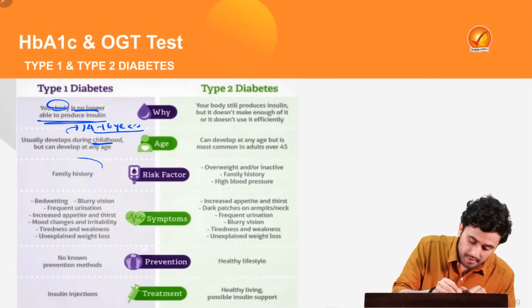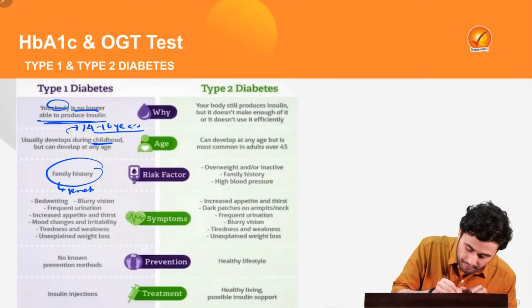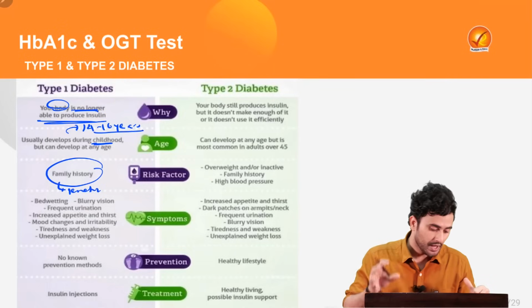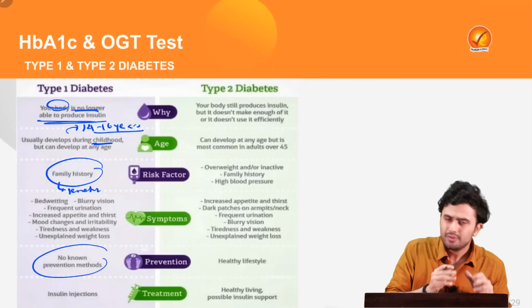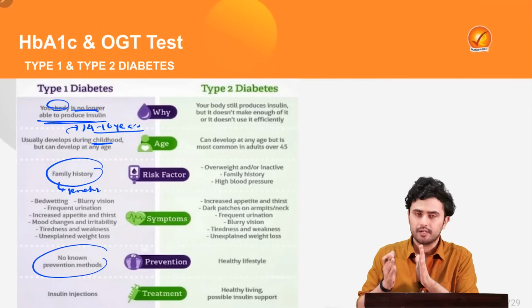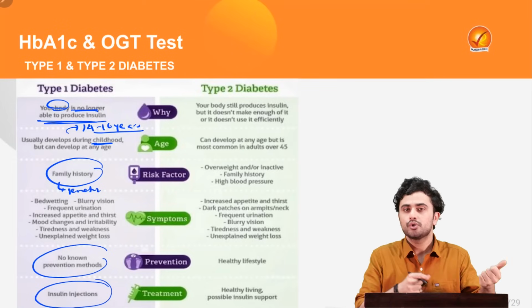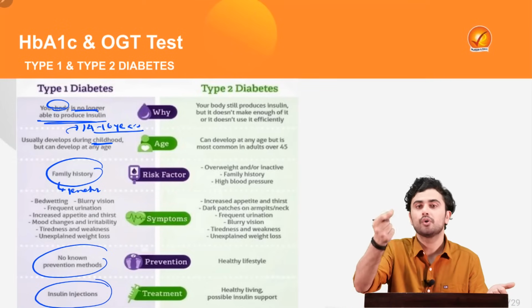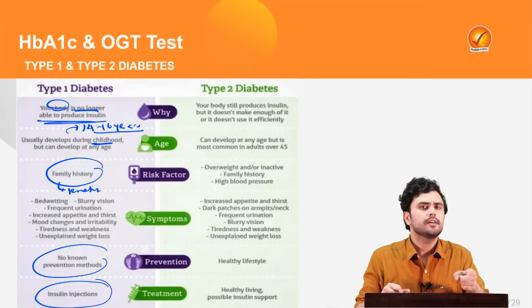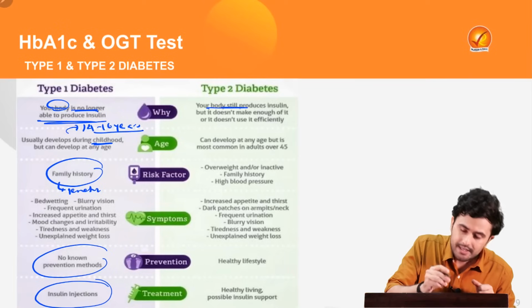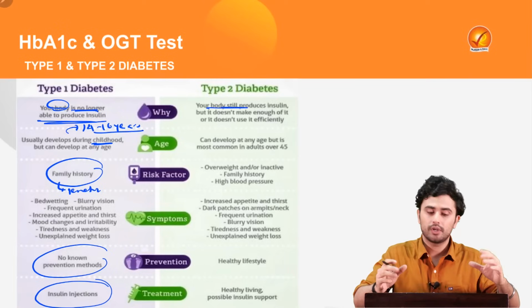At the same time, genetic factor plays a very important role in type 1 diabetes. Also, there are no known prevention methods as such, but normally insulin injections are given to level up the insulin in your body.